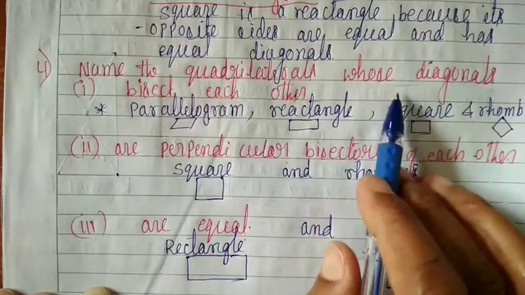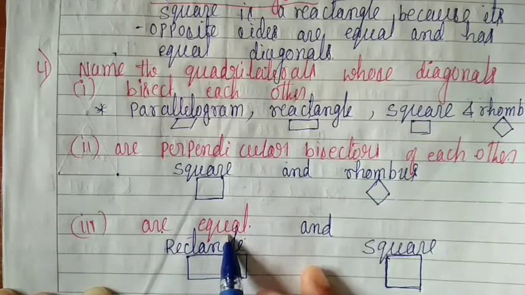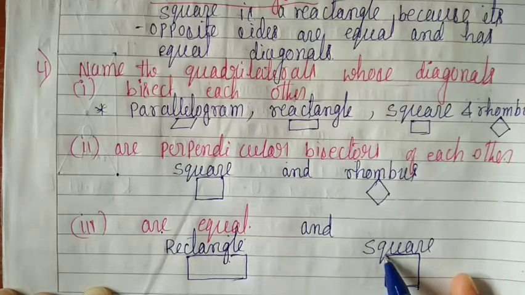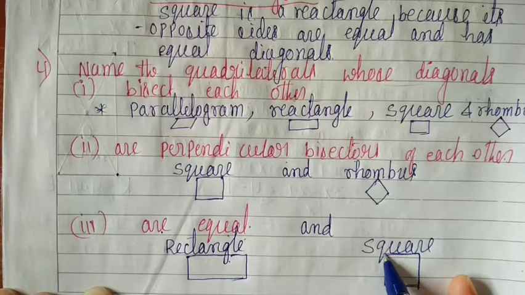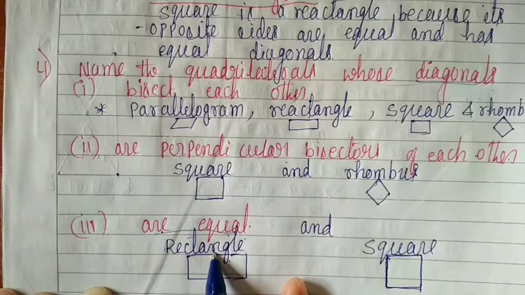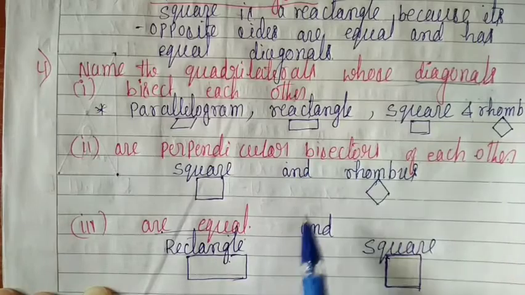First one is rectangle. The diagonals of a rectangle are equal. Second one is squares. In squares, diagonals are equal. In rectangle, diagonals are also equal.